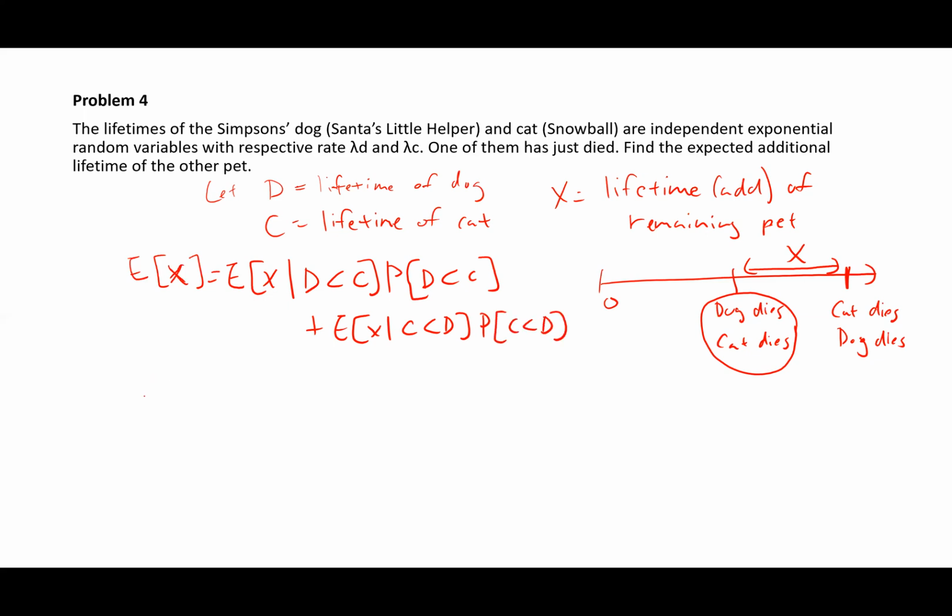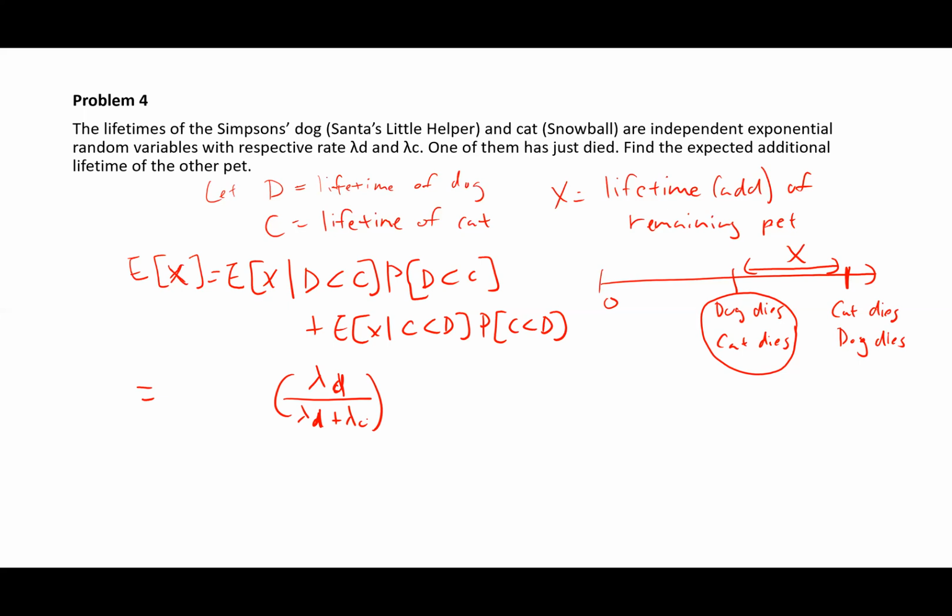Okay, so let's start with the probability that the dog dies before the cat. That's simply lambda D over lambda D plus lambda C. That's the probability that the dog dies before the cat, because it's the minimum of two exponential variables between the dog and the cat.